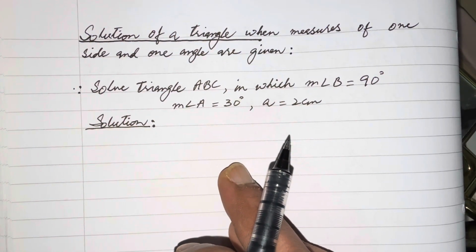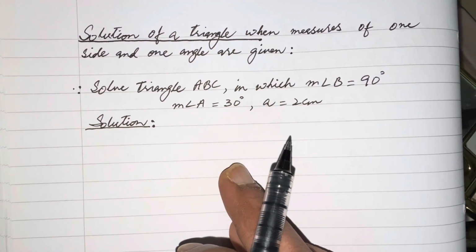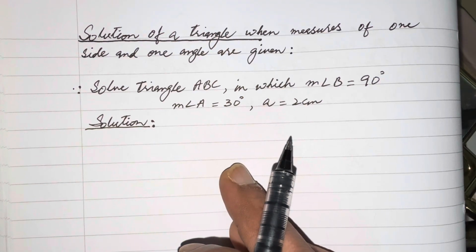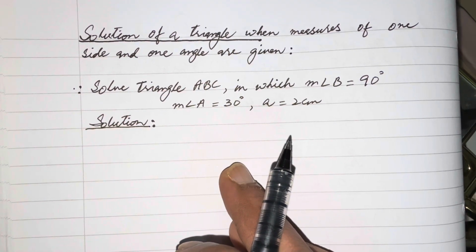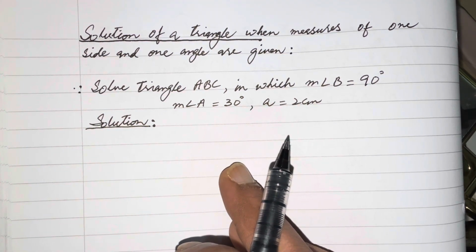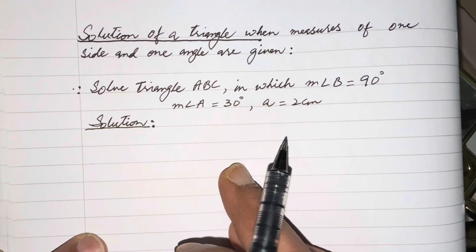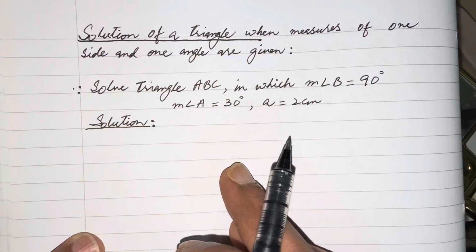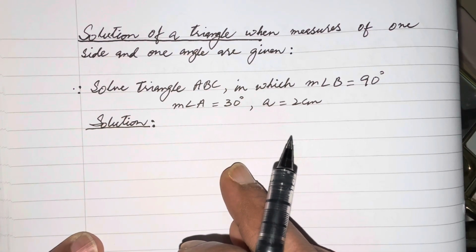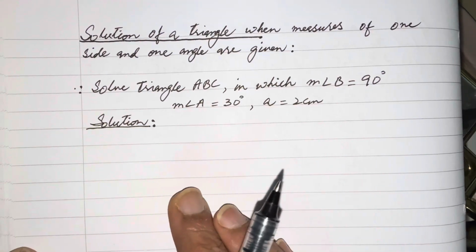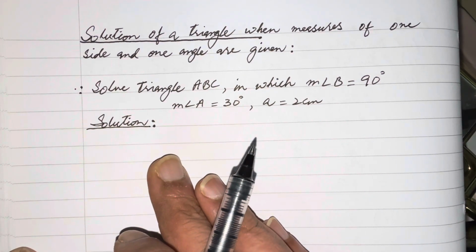So out of these six elements, if we know three of them including at least one side, then we can find the measures of the remaining elements. So finding the measures of the remaining elements is called the solution of a right angle triangle, or you can say the solution of a triangle.